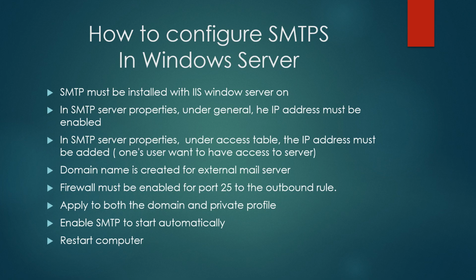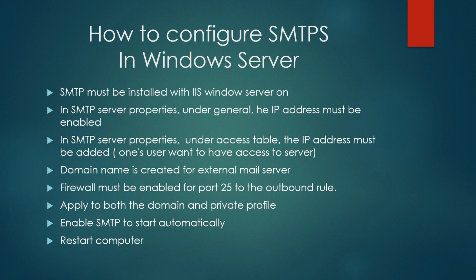So this is when you add the rule. It is the inbound rule. SMTP has to do with the outgoing emails and the incoming emails, so you add it to the inbound rules. Then the next thing you are going to do is enable start automatically.